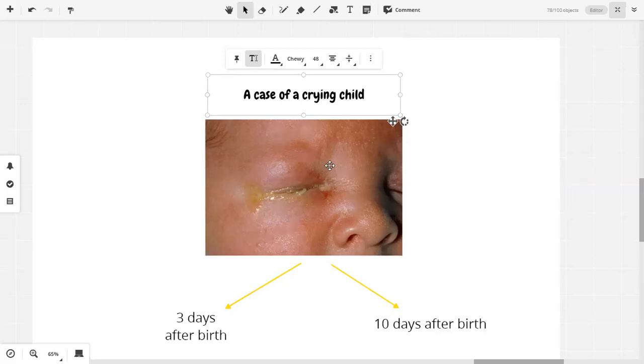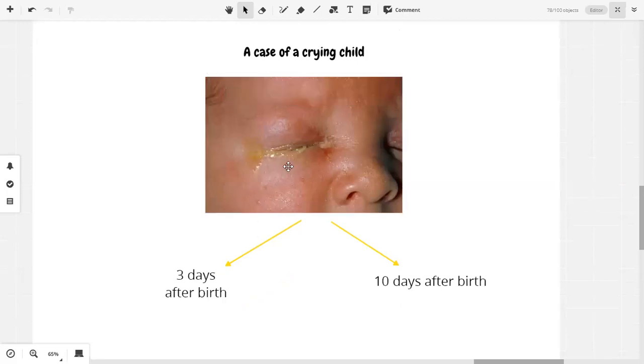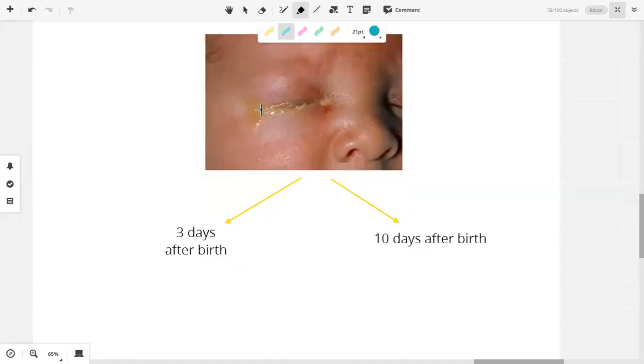Now, there are 2 cases. One is a child who presents with conjunctival discharge 3 days after birth, and the other presents with conjunctival discharge 10 days after birth. You can already see one important thing that is different in both cases: the time of presentation.